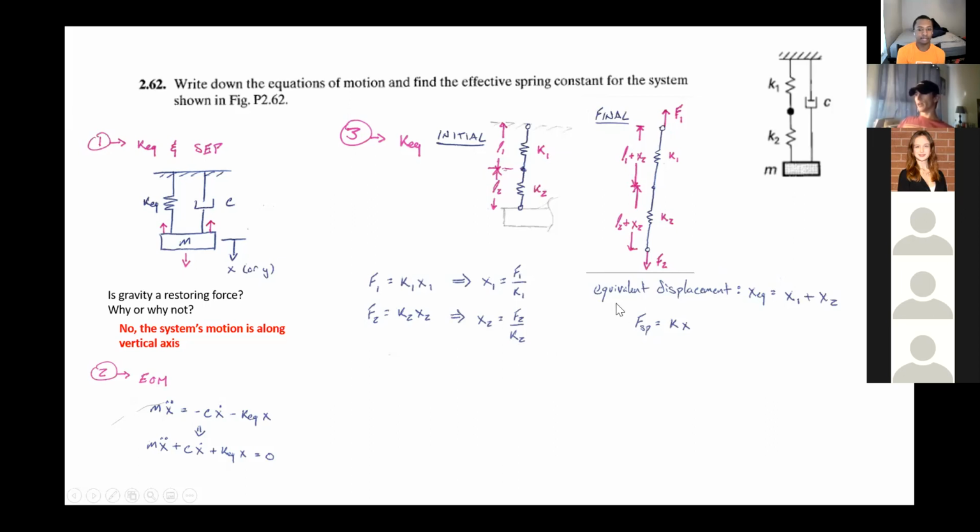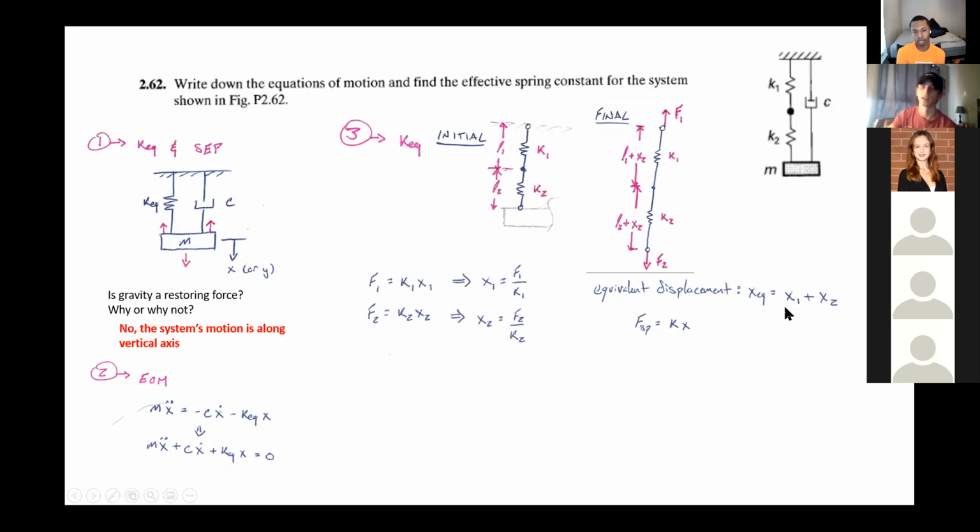And then we're going to look at the displacement. So the equivalent displacement is just X1 plus X2. The displacement of this whole thing, the delta X, is the delta X of this one plus the delta X of this one.